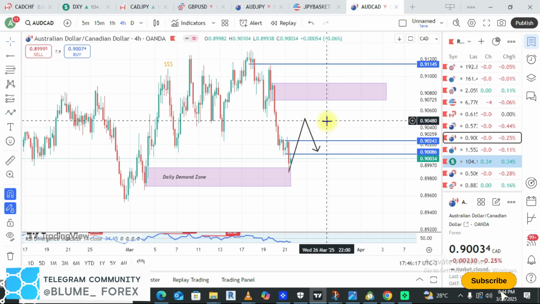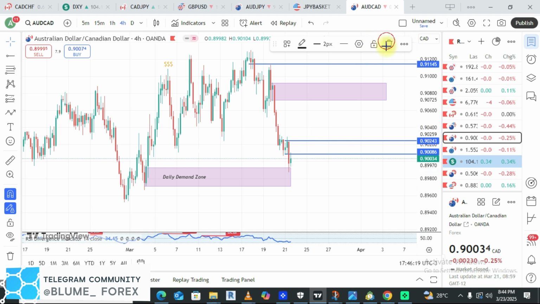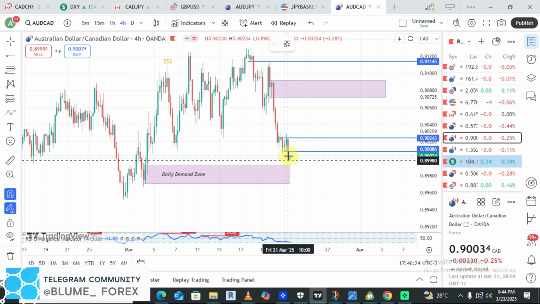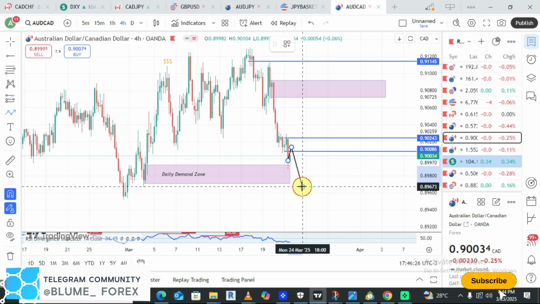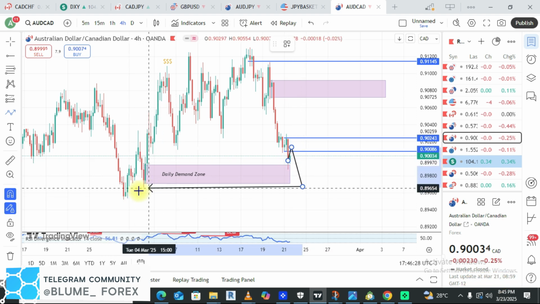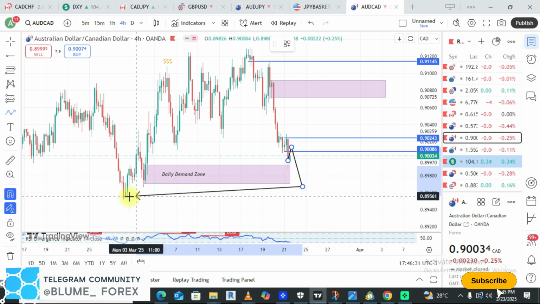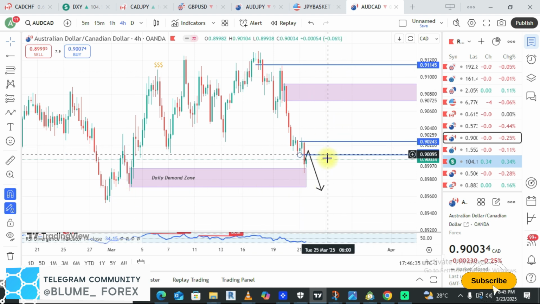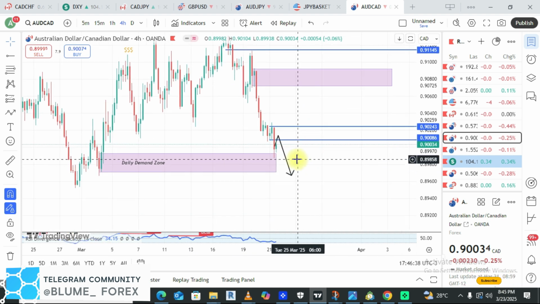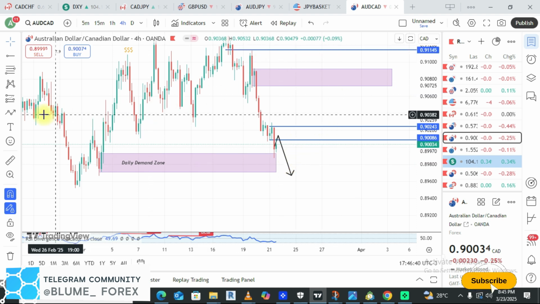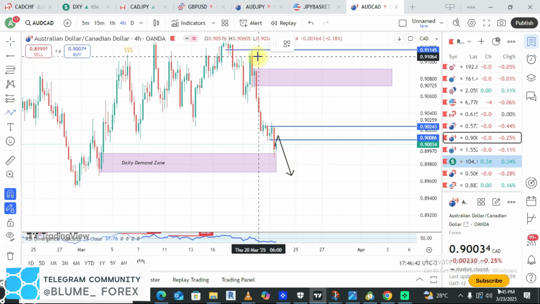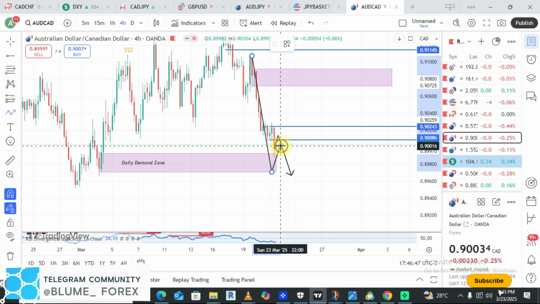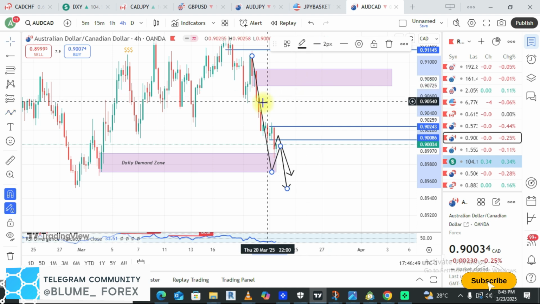I'm bullish on AUD/CAD, but on the condition that we start trading above this supply in control, because we could very much react to this supply, push down, and sweep the lows of this structure. We have kind of an equal low liquidity, sweep the lows, and then we start pushing to the upside, right? I'm bullish on AUD/CAD because we've had this long overextension last week. So I'm expecting an initial push to the downside, then a push to the upside.